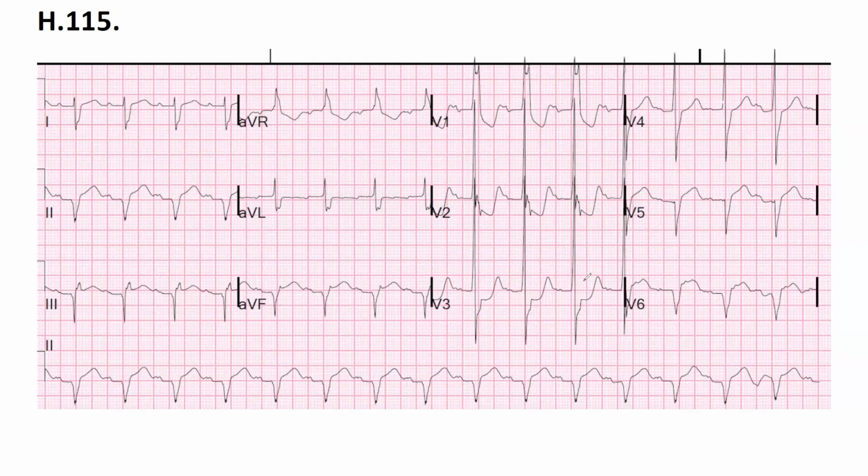But if you look at this big R wave on the right side, this can be due to right bundle branch block, or because the first R is very tall, that can be a posterior MI as well. Especially here, you do see this ST depression.